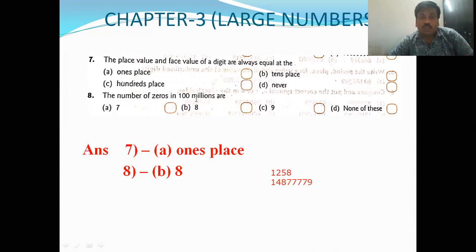Now the number of zeros in 100 million. How many zeros in 100 million? Okay. First, to find the number of zeros, we write the 100 million. Okay. How can we write 100 million?